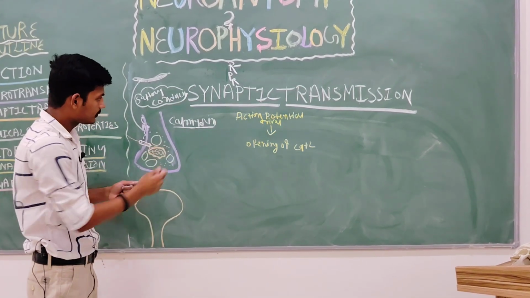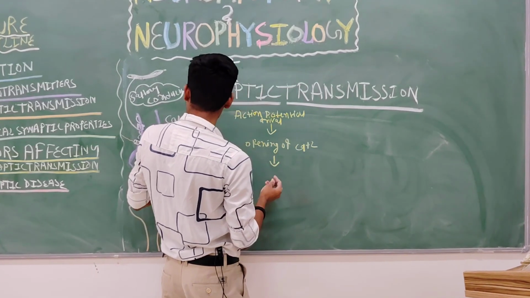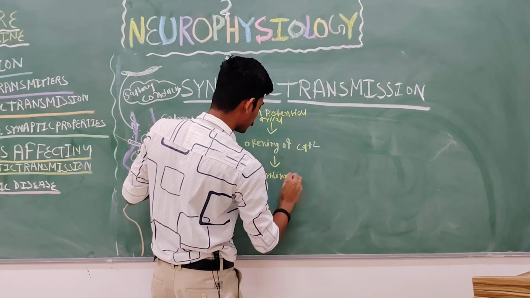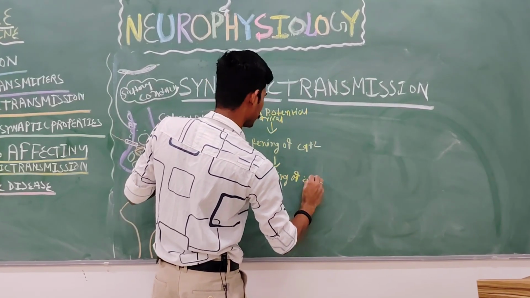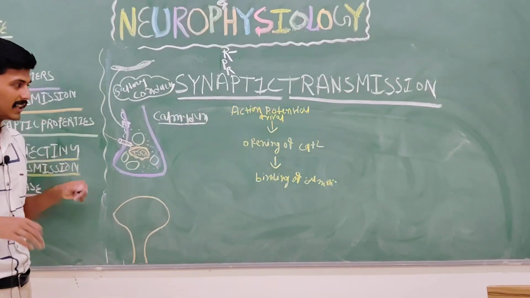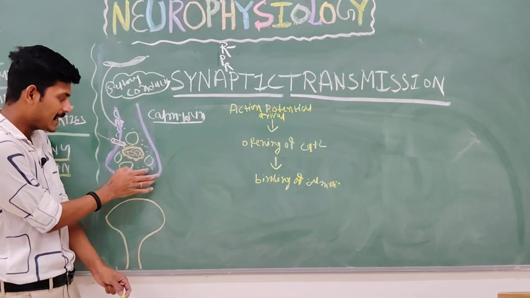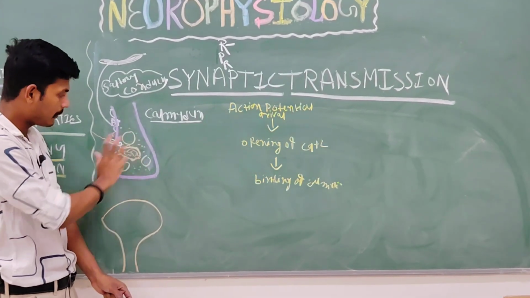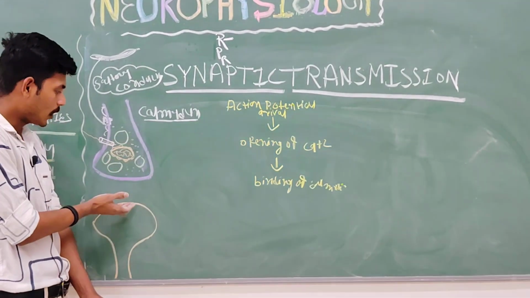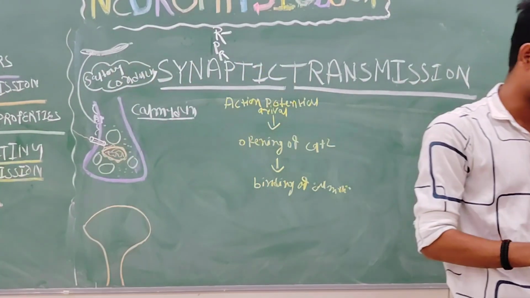This calcium will bind with the calmodulin protein, so there will be a binding of calmodulin. Now calcium won't escape, it is bound. The negative environment which is present initially, once it receives the calcium, its negativity is overcome.